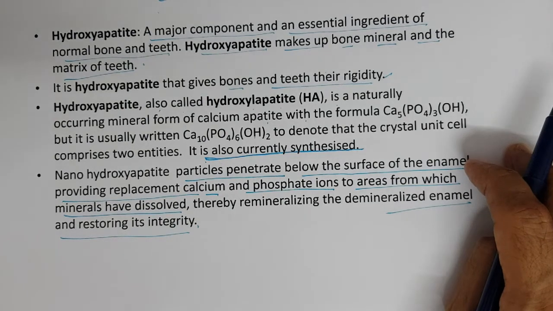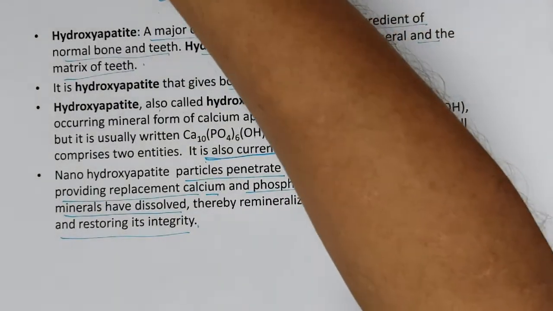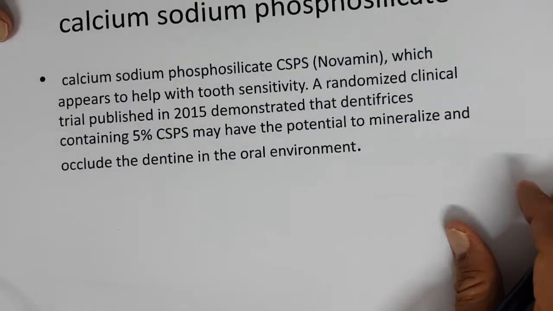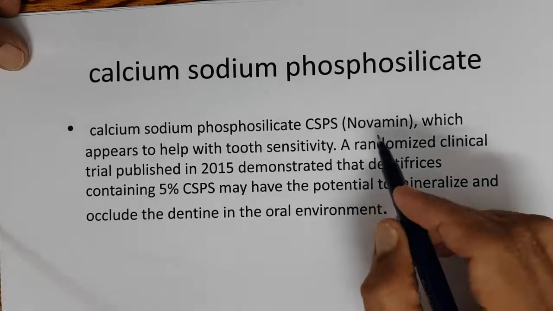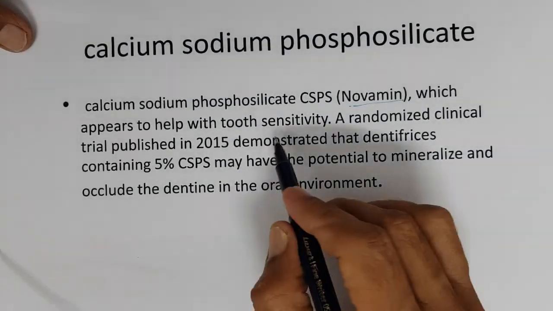So hydroxyapatite is important for tooth remineralization. For sensitive teeth, on one side you have to treat with nitrates and also improve the teeth mineralization. That is also very important. Now there is yet another ingredient that is used, called calcium sodium phosphosilicate, or Novamin, which appears to help tooth sensitivity.